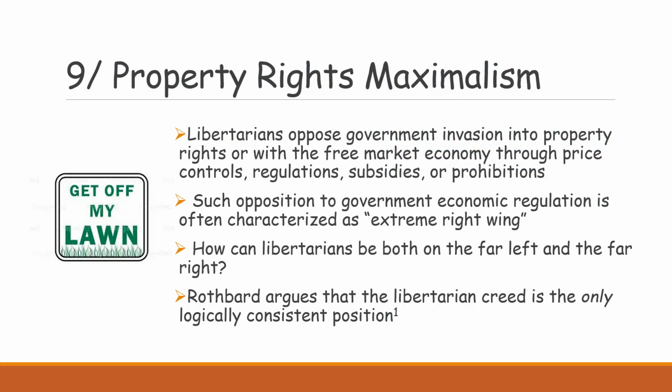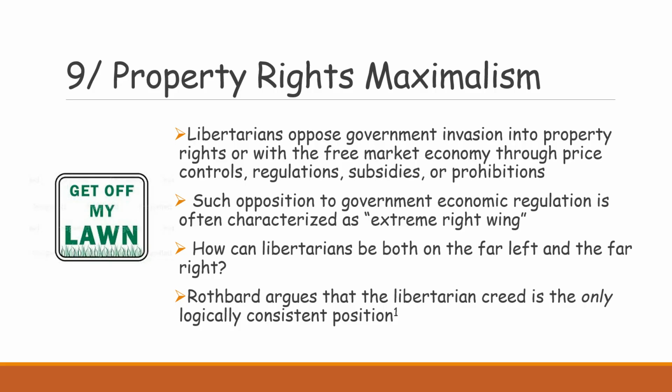Property rights are placed, again, in a place beyond any sort of question. Libertarians oppose government invasion into property rights or the free market economy through price controls, regulations, subsidies, or prohibitions. Such opposition to government economic regulation is often characterized as extreme right-wing, according to Rothbard.